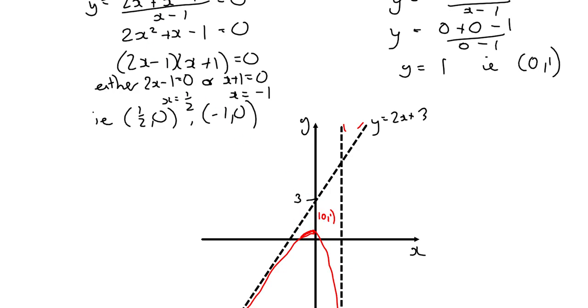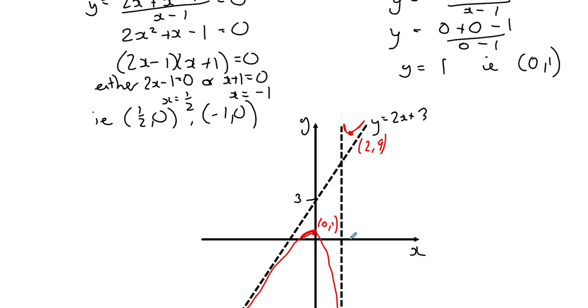And that's my turning point. There is the point (0, 1). And my other curve's actually up here. You can see the shape of it there. The other turning point was actually there, and that's the point (2, 9).